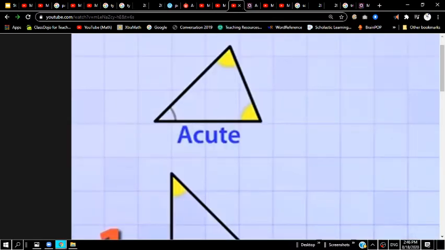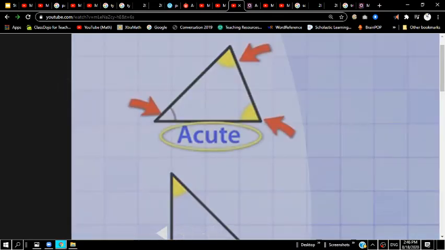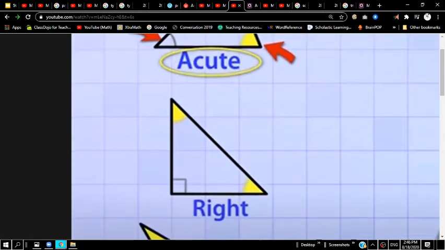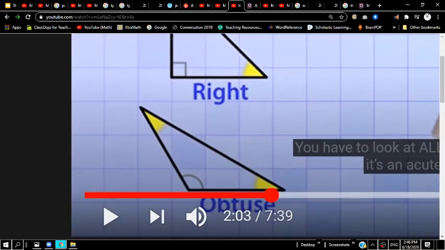We can take a look at these and also classify them by angles, right? We have acute triangles, where all three angles are acute. And then we have a right triangle, where only one of the angles measures 90 degrees. And then we have obtuse triangles, just like the angles, right?